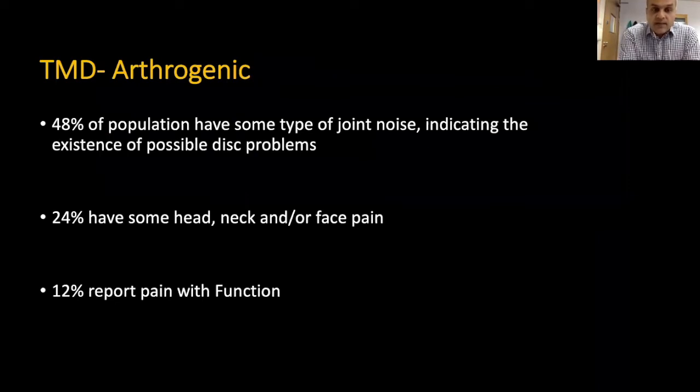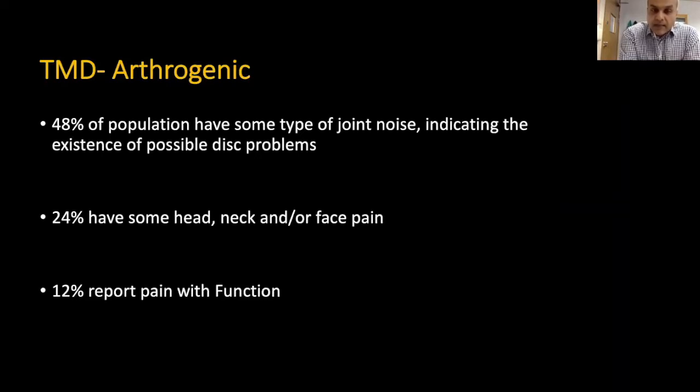Some of these will have neck, head, preauricular stiffness, pain, discomfort, and even a smaller percentage will have true limitation of function, such as restriction in mouth opening, problems chewing, recurrent joint dislocations, or open or closed locks. What I mean by that is you have to ask the history of whether you managed to dislocate yourself and can't close, or have you found that opening the mouth is difficult.